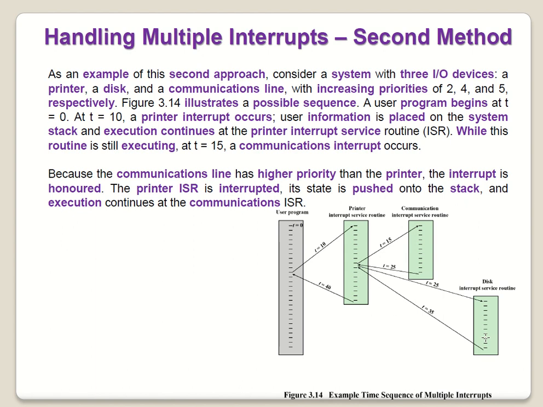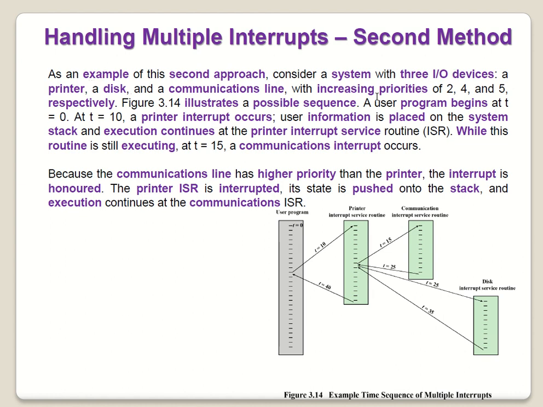Each device will have its own priority. I told you a few minutes ago, the communication line has more priority. If you make the communication line pending, the data will be lost. So assume the communication line has high priority. The 3 IO devices are printer, disk, and communication line.